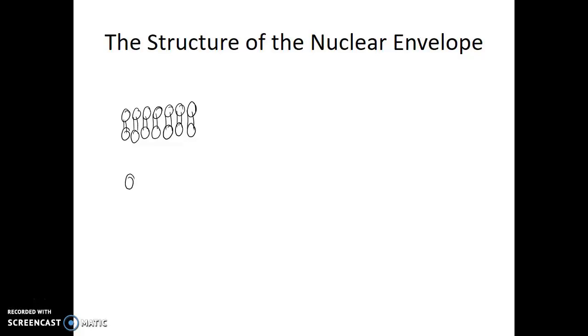So this is just sort of an accelerated or shorthand version of what these phospholipid bilayers look like. But notice here we don't just have one layer of phospholipid bilayers. There are two.